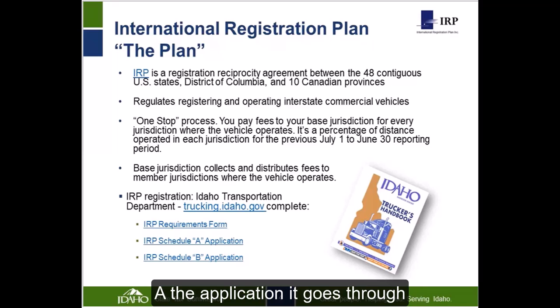And then on Schedule A, the application, it goes through your carrier information, weight information, and your vehicle information. And then Schedule B is actually where you report your actual distance in each jurisdiction.